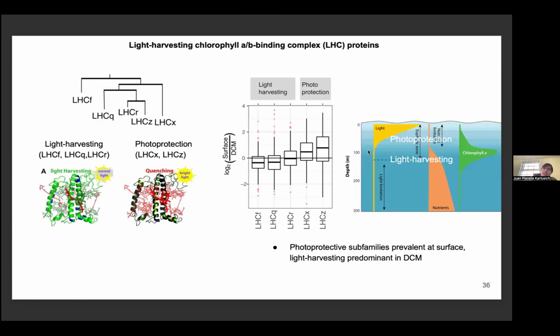So here we analyzed the ratios of the expression of the different subfamilies at the surface, at around 5 meters, in relation to the deep chlorophyll maximum, which was around 100 meters, but varies according to the ocean area. We detected that photoprotecting subfamilies were prevalent at the surface, whereas those subfamilies involved in light harvesting were predominant in the deep chlorophyll maximum.